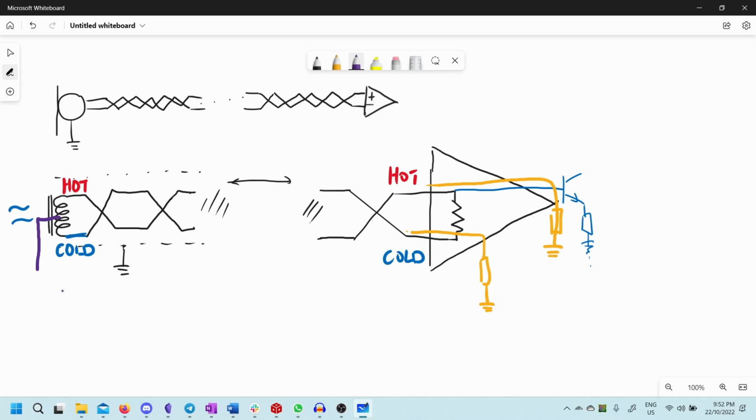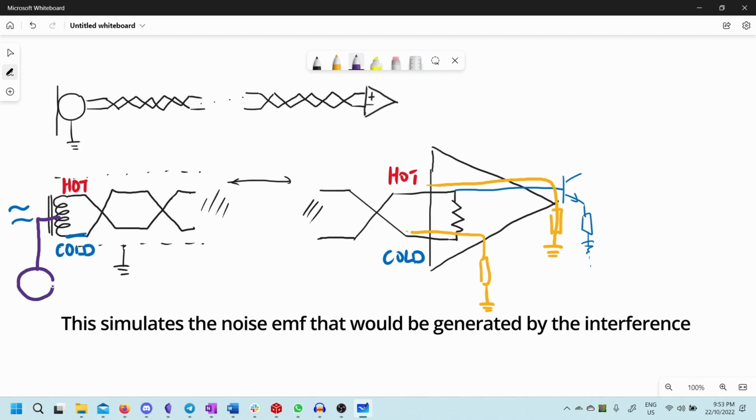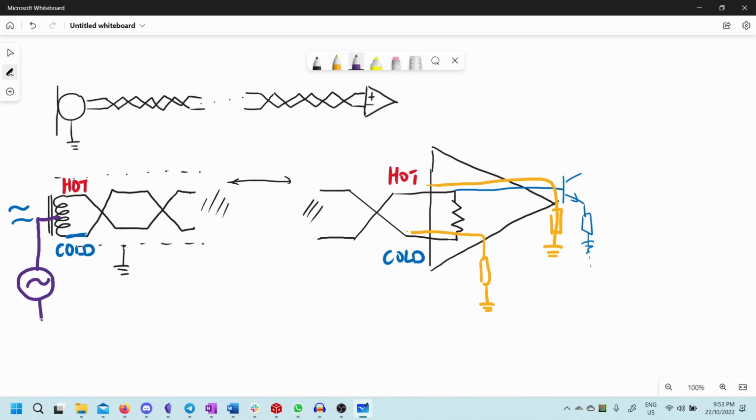It doesn't really matter for our discussion today. I'm just going to connect a piece of wire over to the coils of the microphone, and I'll drive it with some arbitrary signal source over here. And this signal source is referred to ground.